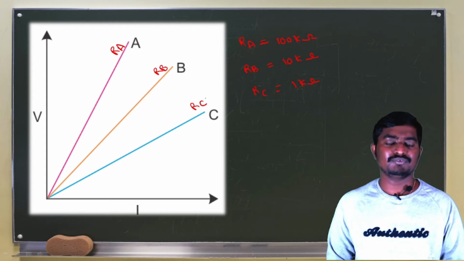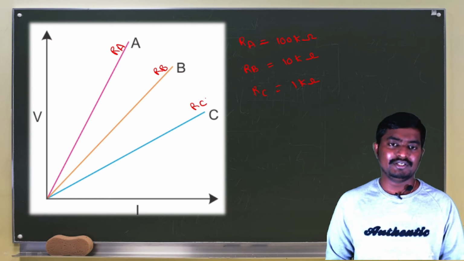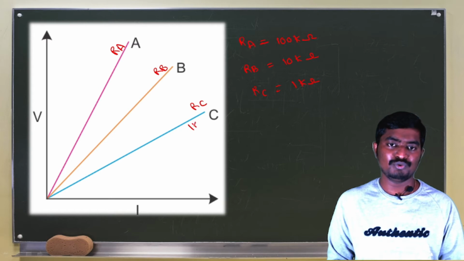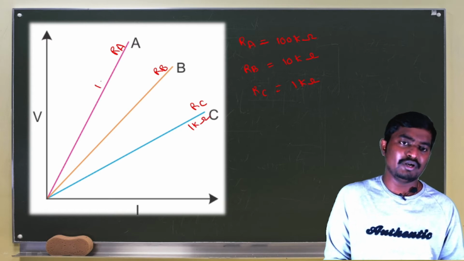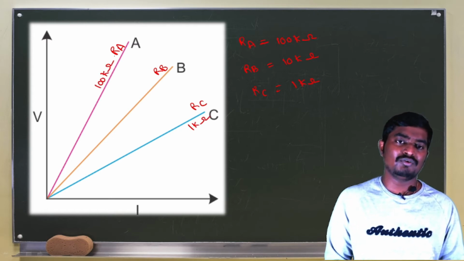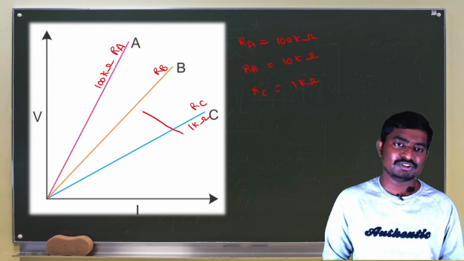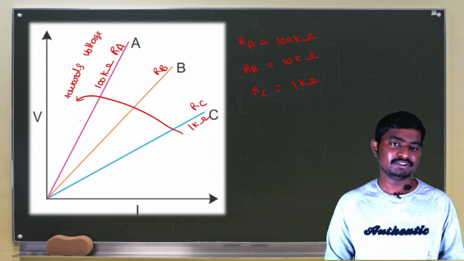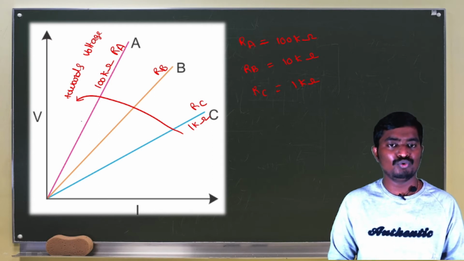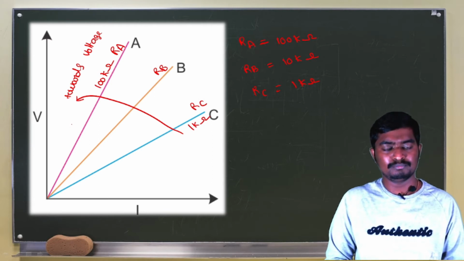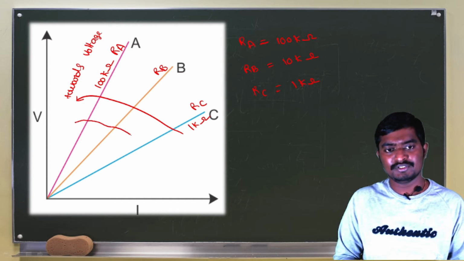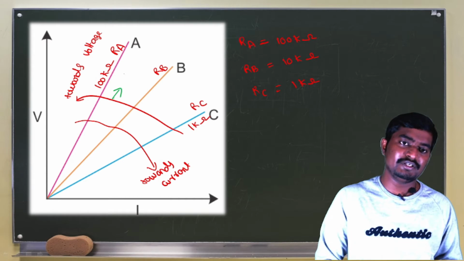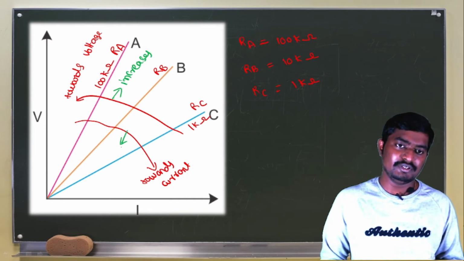From these three curves, we can conclude that when resistance is increased from R equal to 1 kilo ohm to R equal to 100 kilo ohm, the curve is shifted towards the voltage axis. When we decrease the resistance from 100 kilo ohm to 1 kilo ohm, the curves are shifted towards the current axis.